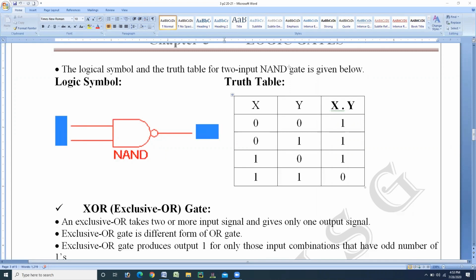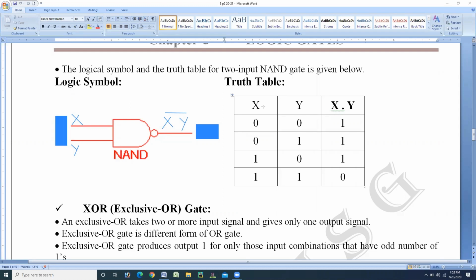So here we'll take one input as X, another input as Y. X and Y are the two inputs, and the output we'll get is X dot Y whole complement.